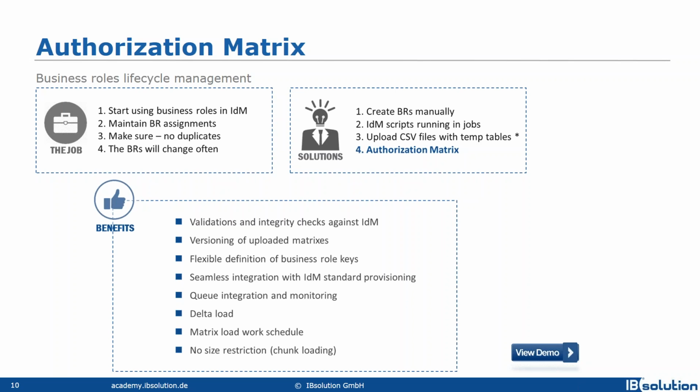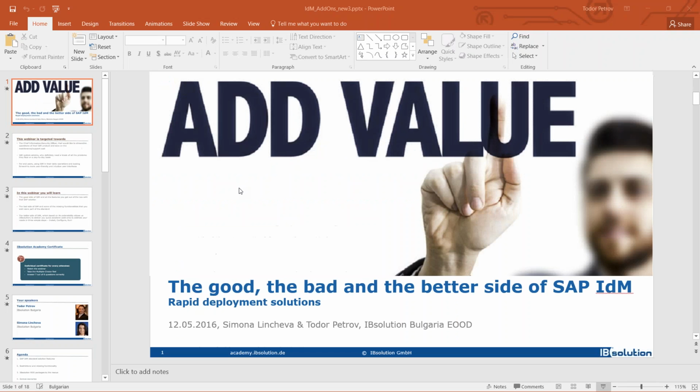You can imagine it's quite a big load. And the good part is there is no size restriction, so you can also create matrices with 1 million lines of different assignments if you want. This is up to you. It depends really on the organizational structure that you have. So with this said, let's just focus now on the demo.